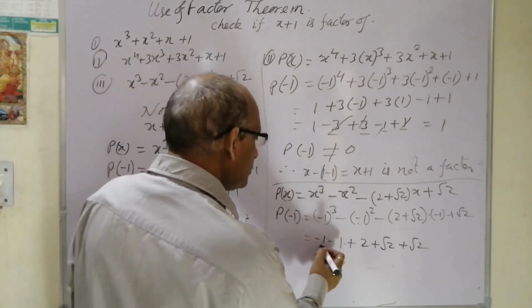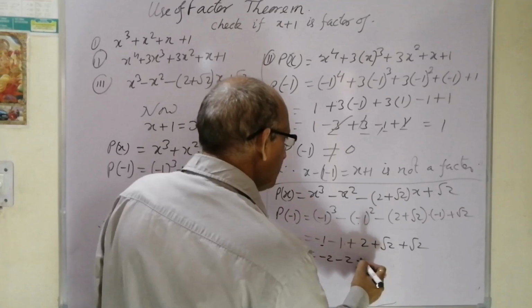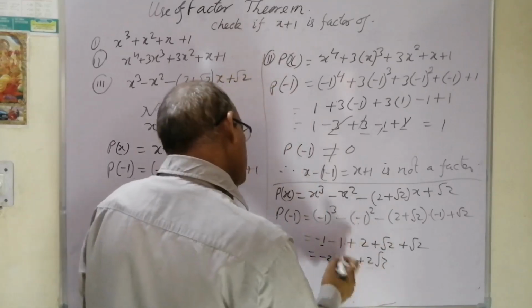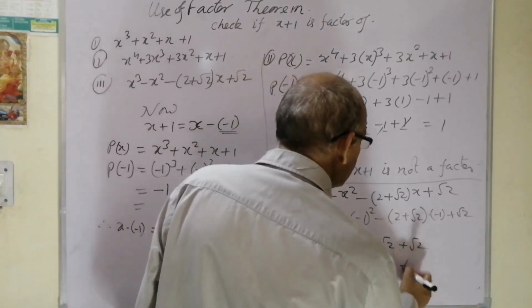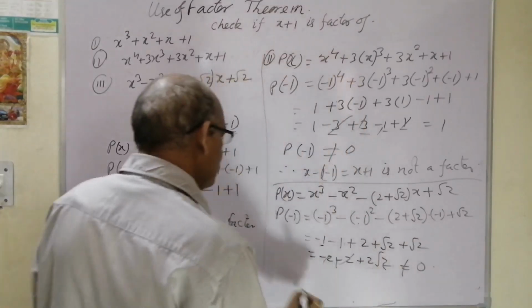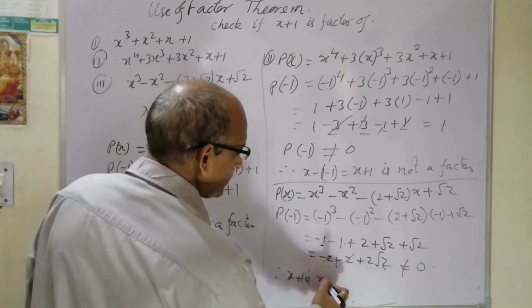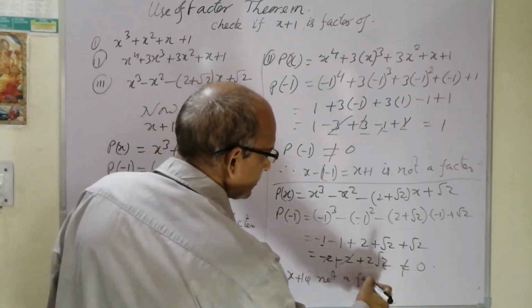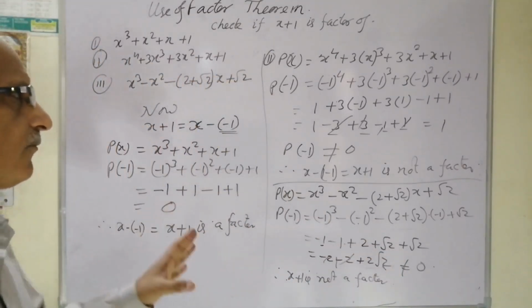It is minus 1 minus 2 plus 2 under root 2. It is minus 2 plus 2 under root 2. It is again not equal to 0. Therefore again x plus 1 is not a factor.